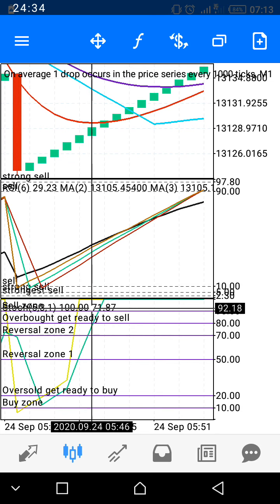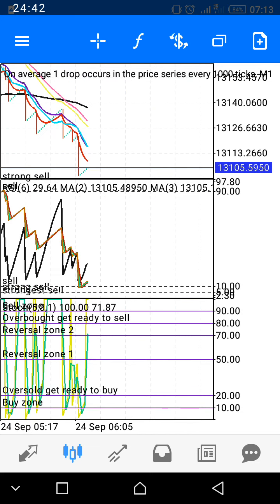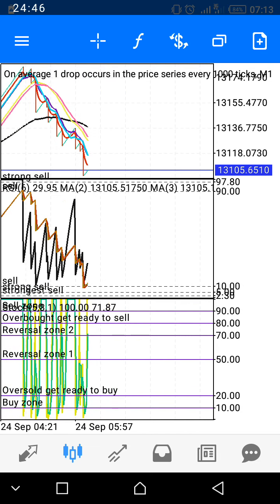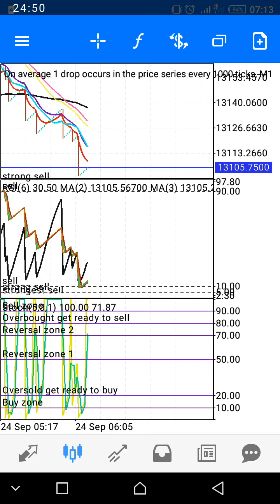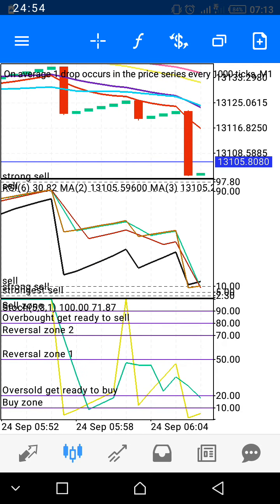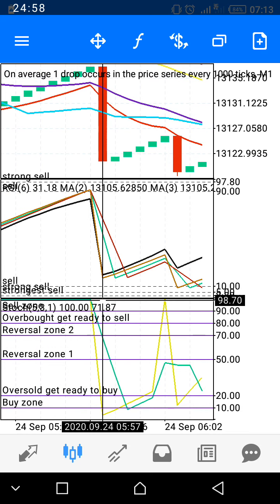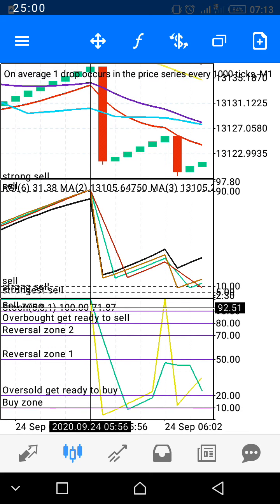Look at when it gets to this 90 and crosses the green and continued, it did not cross the green continuously. Now, to know when the thing will stop is when the yellow crosses the green downwards.